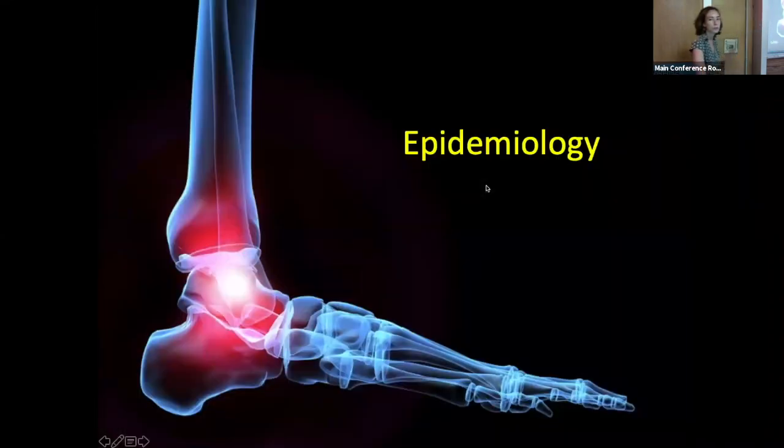Just a little bit of epidemiology on ankle sprains. There are about 23,000 ankle injuries per day in the United States. So this is something you will definitely see many times in your lifetime. As many as 1 in every 10,000 visits is some type of ankle injury, and this includes both sprains and fractures.